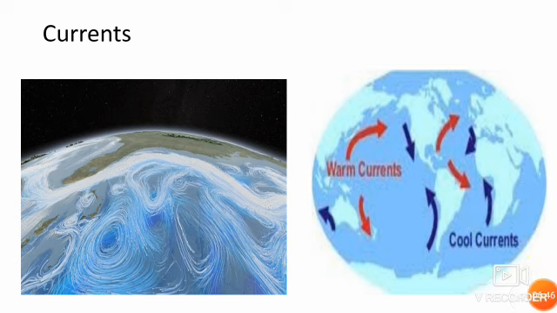There are two types of ocean currents, the warm currents and the cold currents. The warm currents flow from the equator towards the poles, and the currents that flow from the poles to the equator are called cold currents.